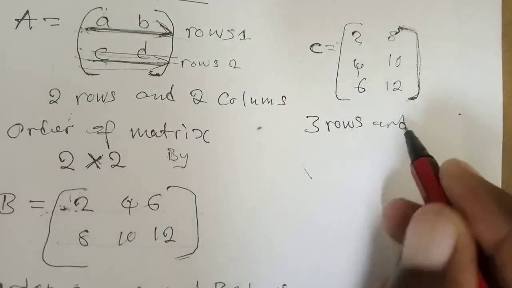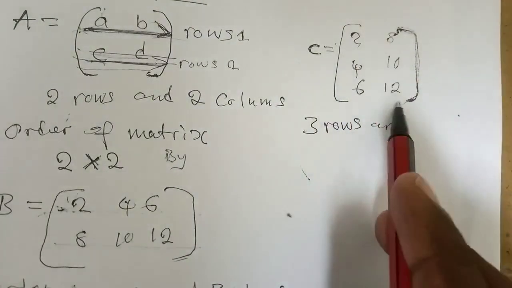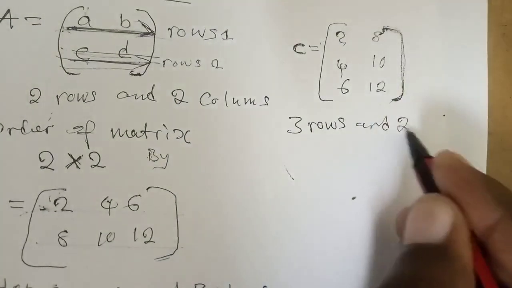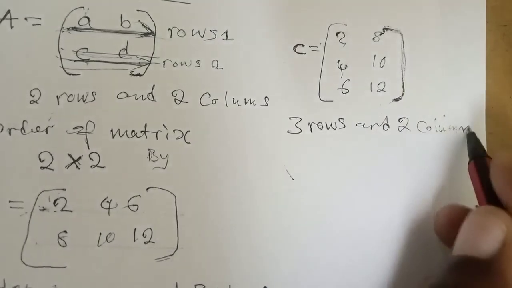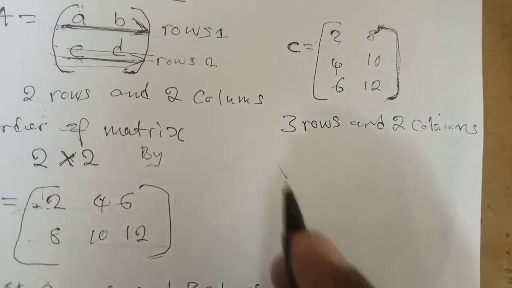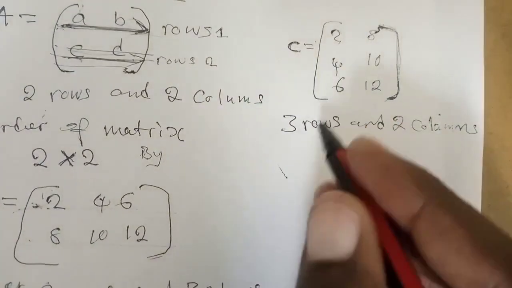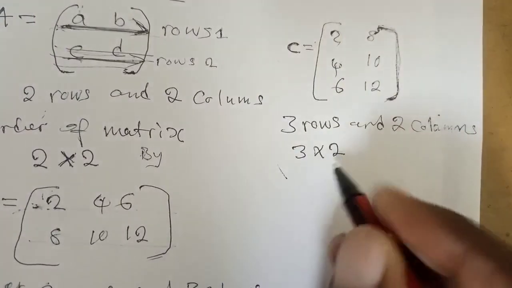And how many columns? 1, 2. So we have 2 columns. So the order of this matrix is 3 by 2.